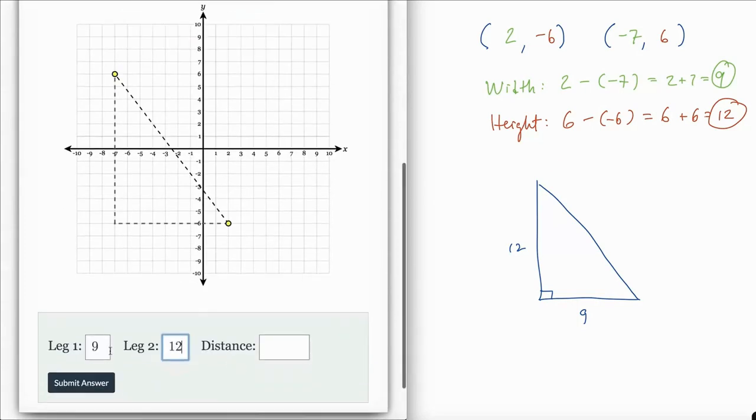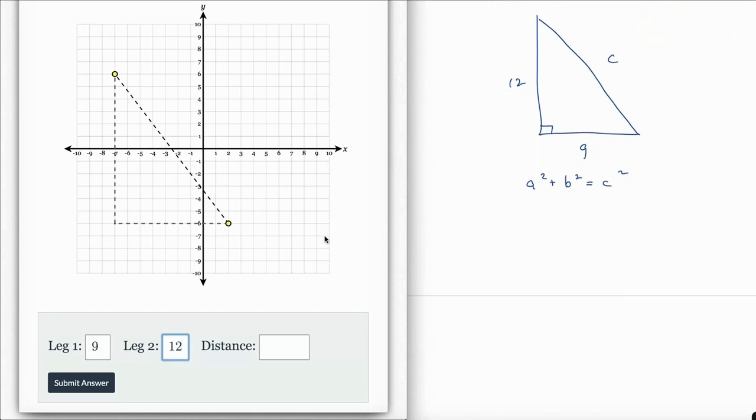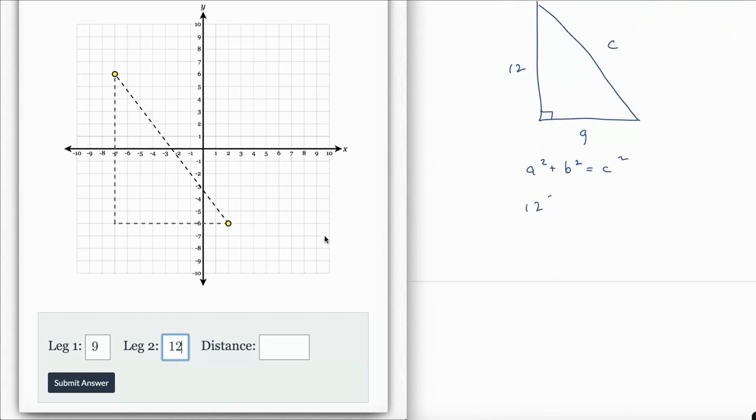So now that we know the legs, our original goal was to actually find the distance between the points. But since we have drawn a right triangle, we can use the Pythagorean theorem. The Pythagorean theorem says a squared plus b squared is equal to c squared. So doing this, we're going to plug in 12 squared plus 9 squared is c squared. 12 squared is 144. 9 squared is 81.